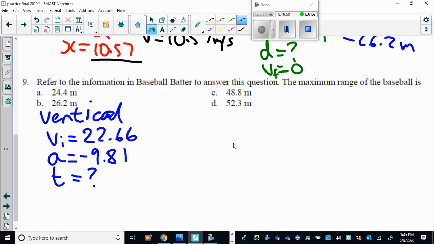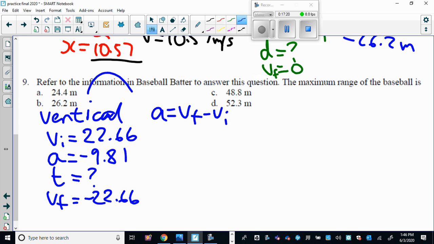I'm going to use a final velocity of negative 22.66. Because when the ball goes up, it's positive. When it comes down, right before it hits the ground, it is negative 22.66. And then I can just use this formula here, which I'll manipulate for t, and then plug those numbers in.